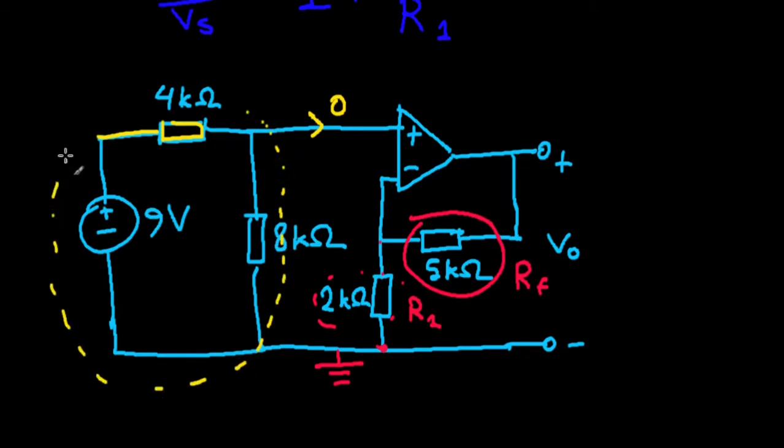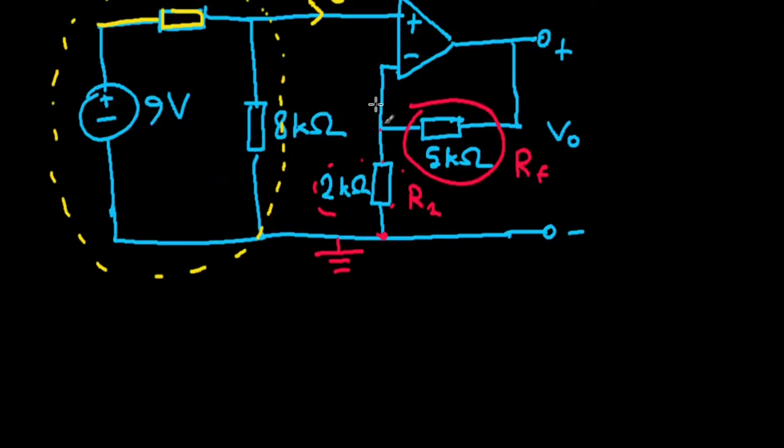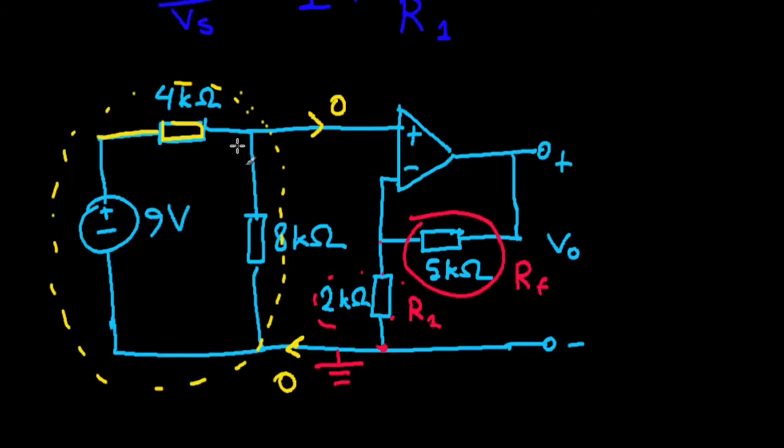If you're considering this loop as a closed network, this current here is 0, so there's no current going from here. What is the current here? Well, this has to also be 0, right? Whether you call it entering or exiting, this has to be 0, because you have a closed network.